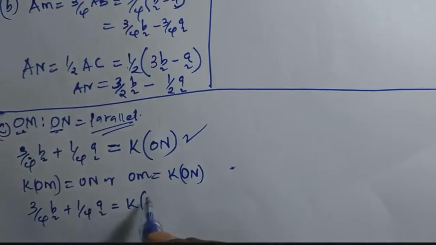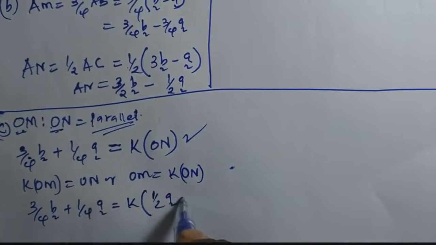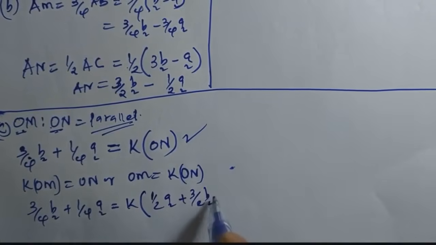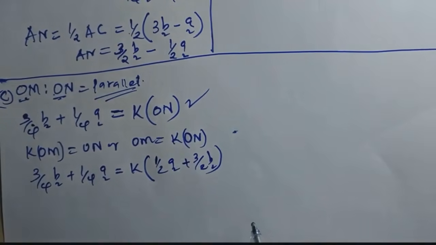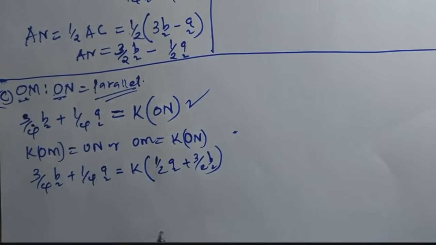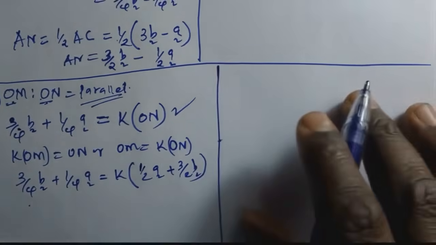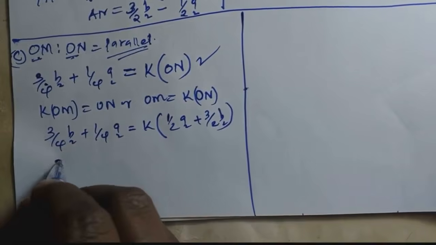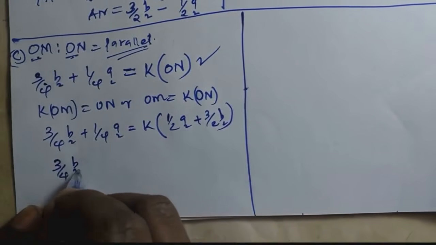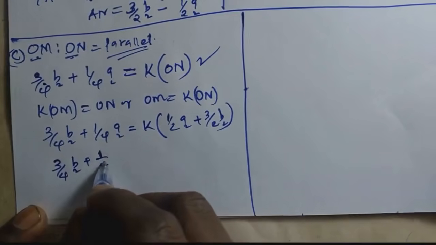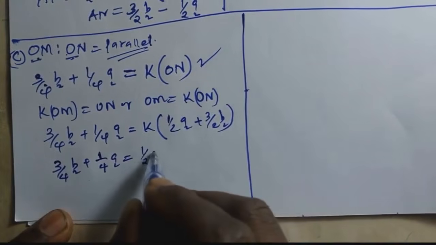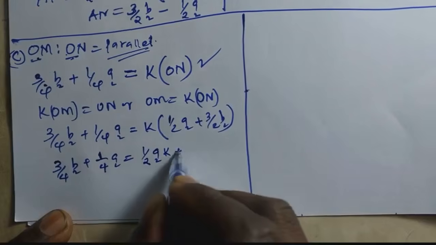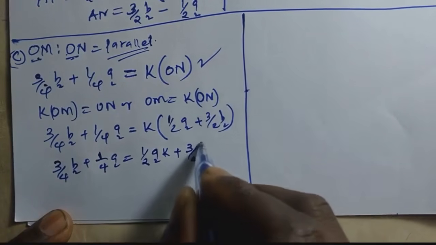I have A plus 3 over 2 B. Now 3 over 4 vector B plus 1 over 4 A is equal to, let us open this one, we will have a half A k plus 3 over 2 B k.